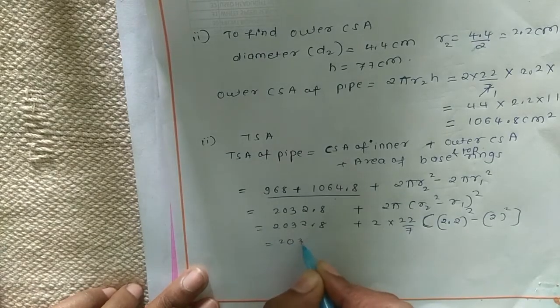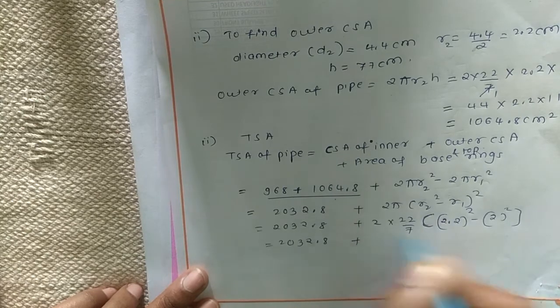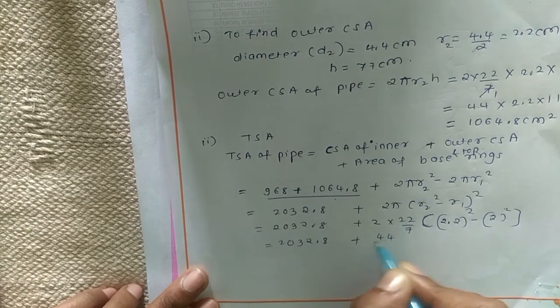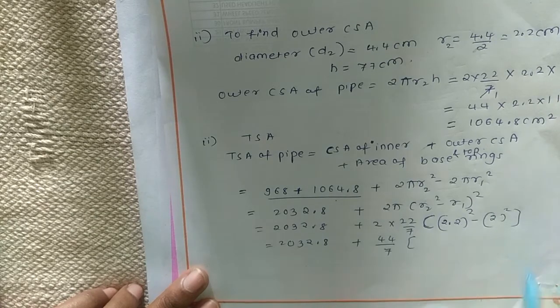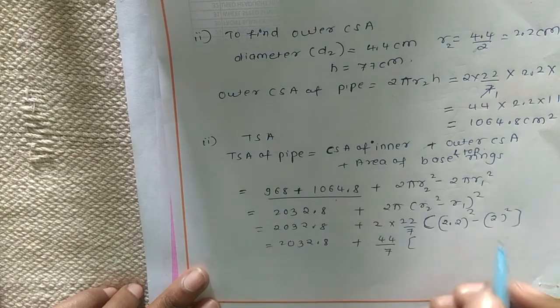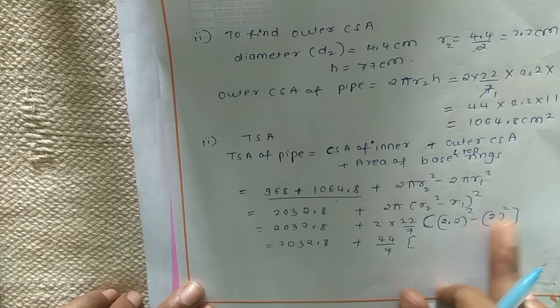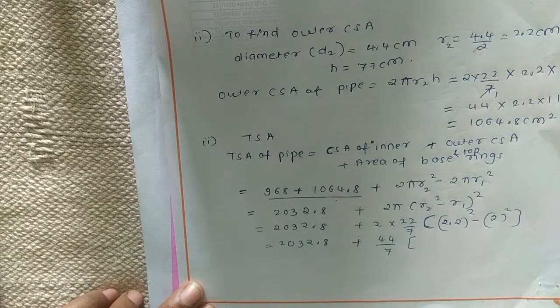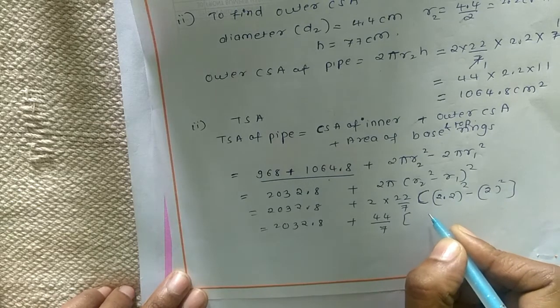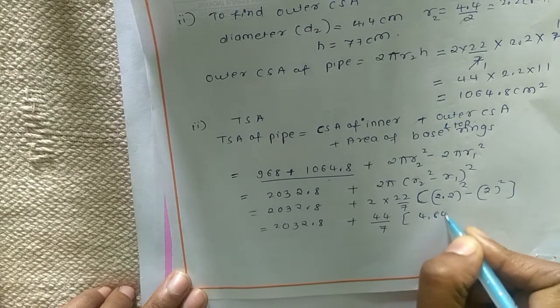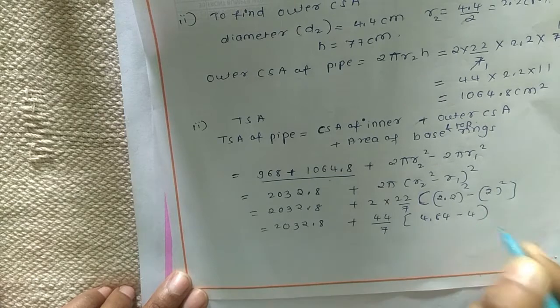So 2032.8, this we have to add to this answer. So this is 44 divided by 7, and this you can find out. 2.2 squared you have to find out, and from that you have to subtract 2 squared, that is 4. So 2.2 squared is 4.84 minus 2 squared, which is 4.